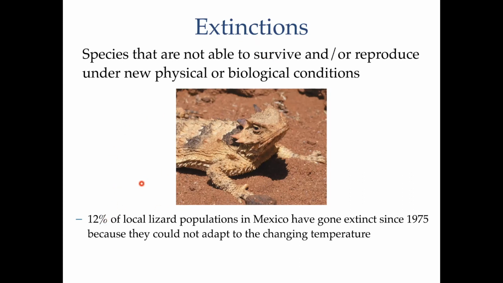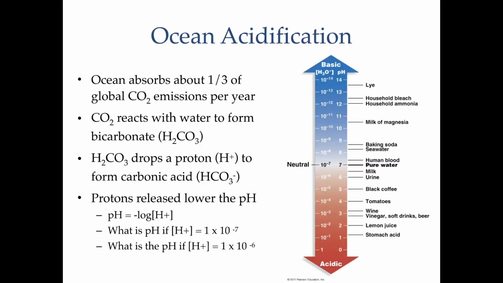For example, we observed that around 12% of the lizard populations living in Mexico have gone extinct since 1975, just because they could not adapt to the temperatures that changed a lot. So those phenology shifts can also cause extinctions.